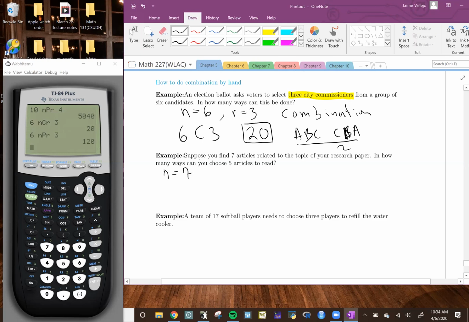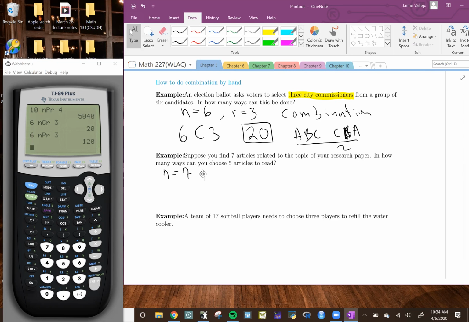Can we assume that these 7 articles are all different from each other? Well, for this one, we should just assume all 7 articles are different, because I'm pretty sure they're not going to be selecting 7 of the same article, or 2 of the 7 being the same article. So we're going to assume all of them are different.